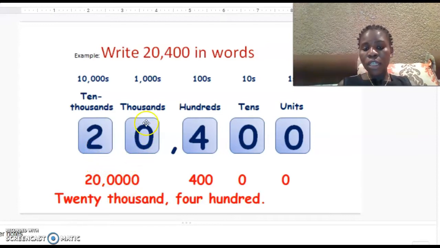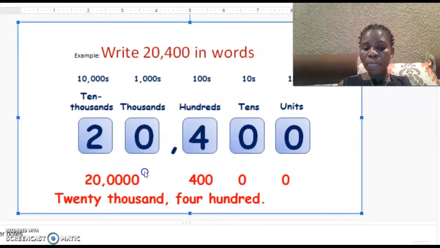Then 0 times 1,000 will still remain 0. Then 4 times 100 is going to be 400. 0 times 10 is going to be 0. And 0 times 1 is going to be 0.